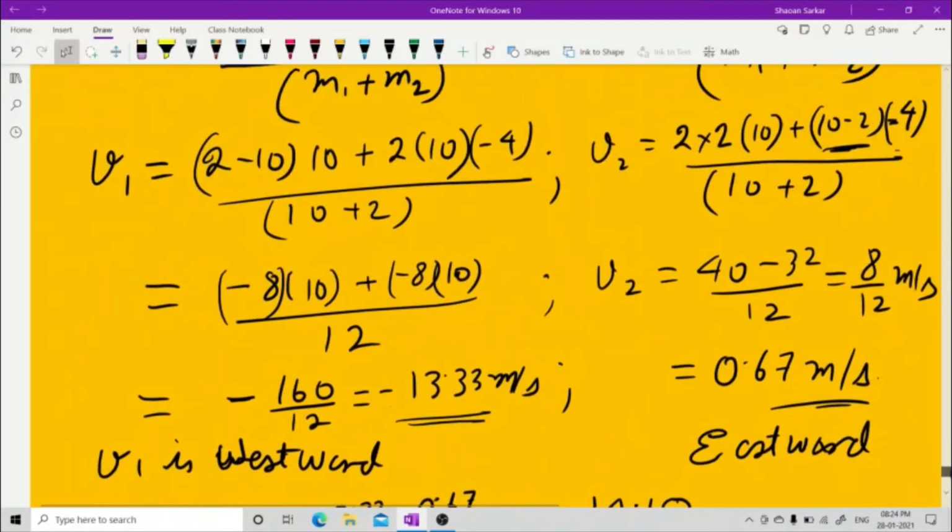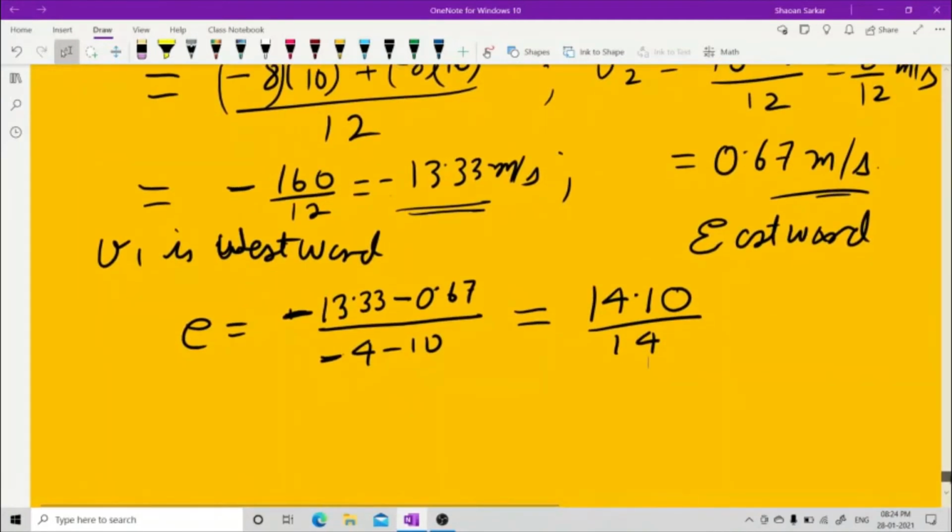Let's recheck the calculation. This is eastward, right? Yes, I'm taking plus i in this direction and this is minus i. Fine. This is V1 minus V2 upon U2 minus U1. U2 is how much? U2 is minus 4 and minus 10.